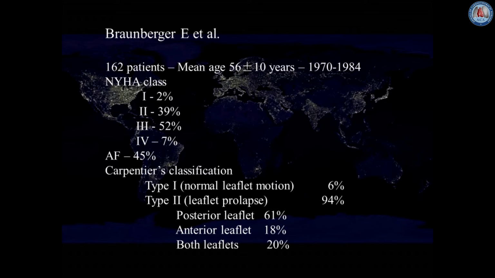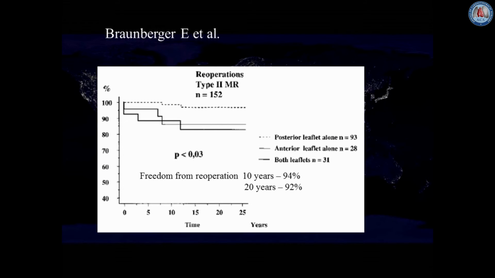The pathology according to Carpentier functional class was type 1 in 6% and type 2 or leaflet prolapse in 94%. Posterior leaflet prolapse was the most common one, followed by bileaflet and then anterior leaflet. This graphic shows the freedom from reoperation in patients who had mitral valve prolapse.